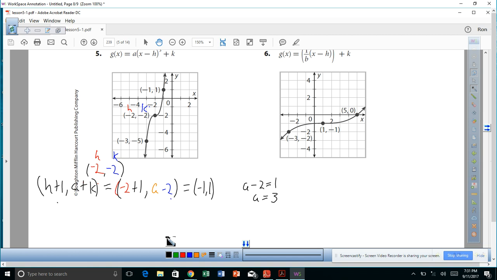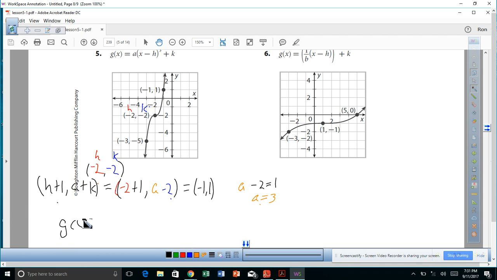Okay, and what would we, so A equals 3. So A is 3. Okay, so now we can write our equation.